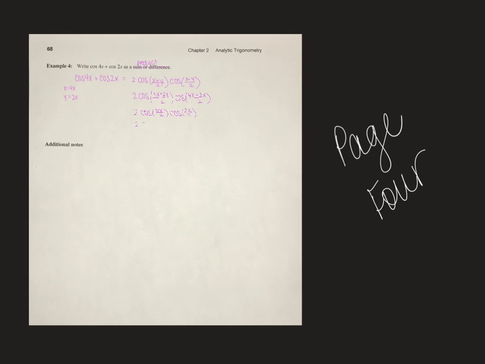Simplify as much as you can. So we have the cosine, well, you can write the parentheses, you don't need to. So cosine of 3x times the cosine of x. And that is your solution because it is one product. It didn't necessarily say make sure it's cosines, but it is all cosines. And that's it. You wouldn't do anything else.